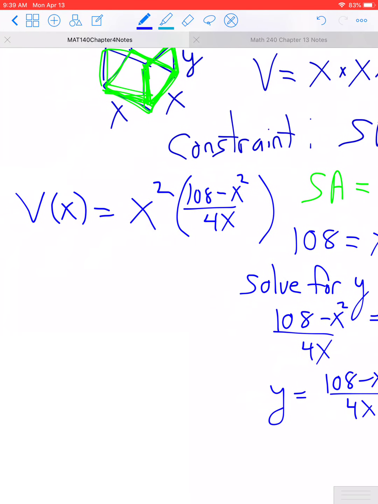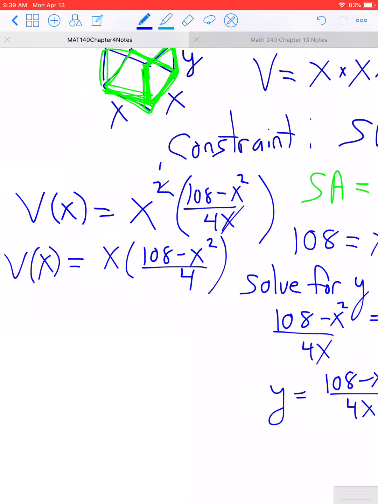Let's go ahead and simplify this. We can cancel an x from the denominator with one of our x's out in front. So this is going to be x times (108 minus x squared) all over 4.